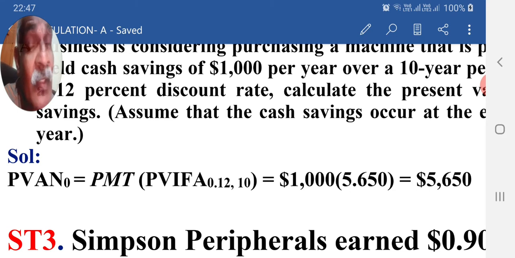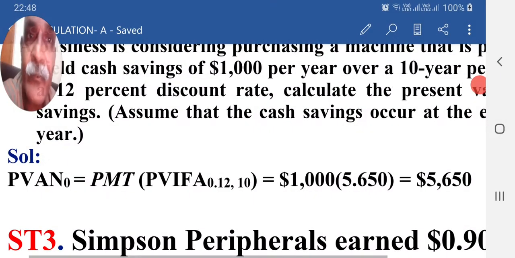It's not a case of semi-annual, quarterly, monthly. Annually means one time. So here you are not supposed to divide by 2, 4, or 12. So the rate of interest is 12%, means 12%. N is equal to 10 means 10.